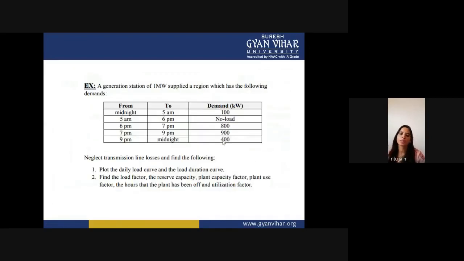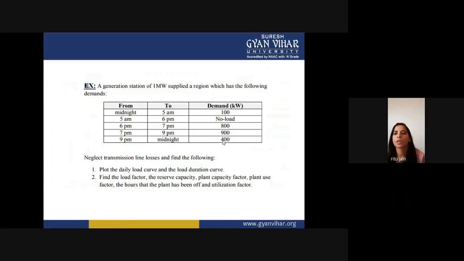Now, with one example, we can easily understand the daily load curve and load duration curve. For example, a generation station of 1 megawatt supplies a region which has the following demands. From midnight to 5 a.m., it has 100 kilowatt.